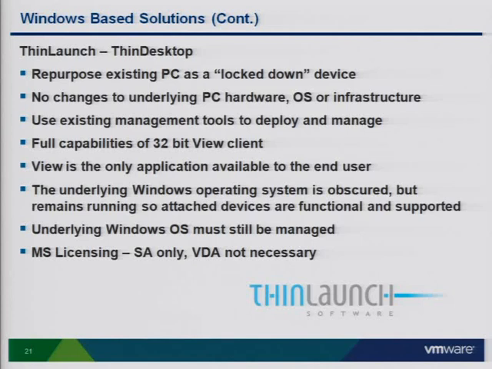Basically, they log in and the only application they see is the View login screen. It totally obscures the underlying OS. And again, SA only, we don't need VDA in this situation. So if you're already paying SA, you could use this tool without incurring an additional charge. But it sounds like that would be the case on the Linux side as well.